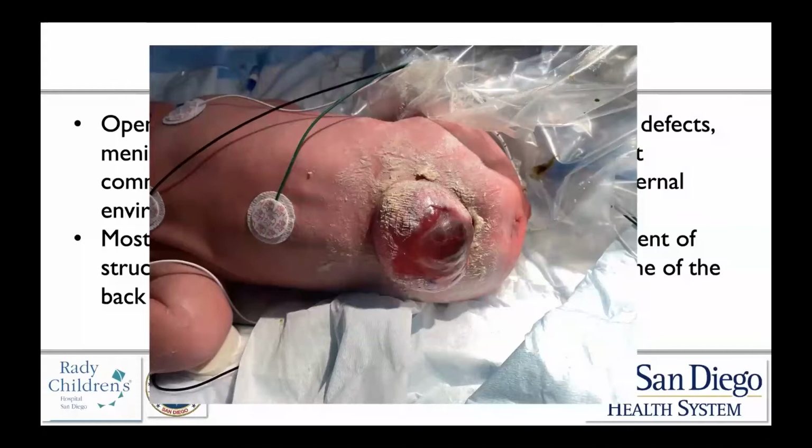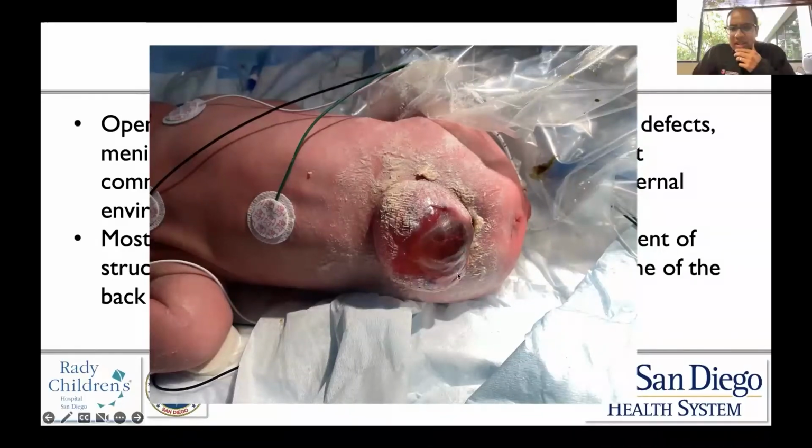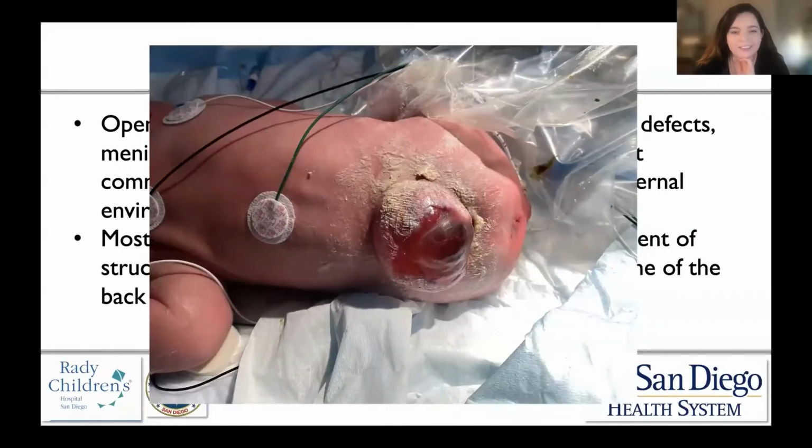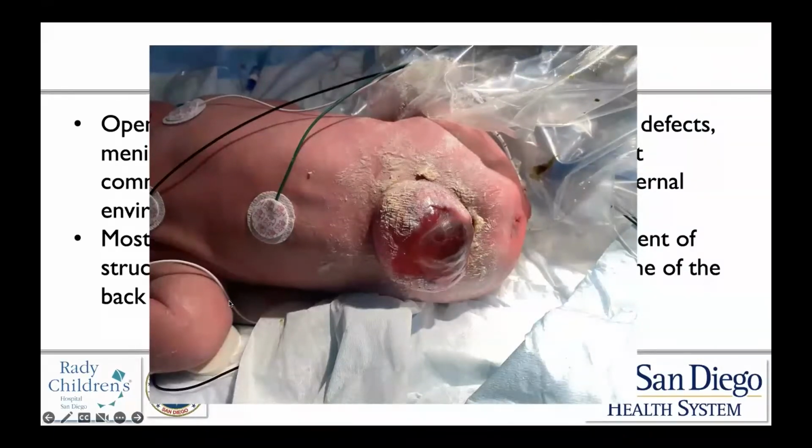Sir, the slides are not visible. He said he's having trouble seeing the slides. On my end, I can see your slides. I thought maybe he's not sharing, but maybe it's a problem on my screen.